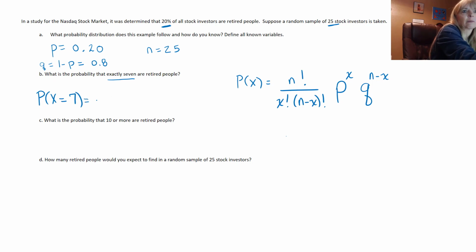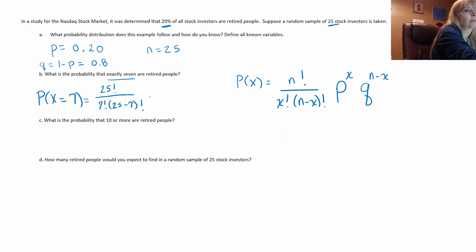So with that being said, we write this out. My N is 25 factorial over my X, which is 7 factorial, and then 25 minus 7 factorial.